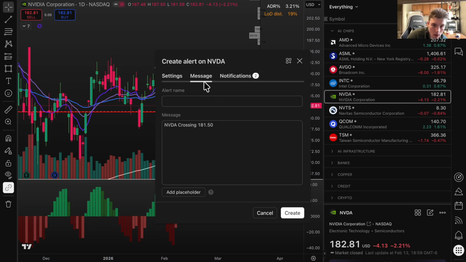Just say NVIDIA at support, potential bounce or break, and that's it. You just create the notification.